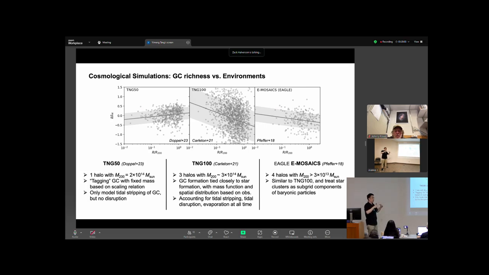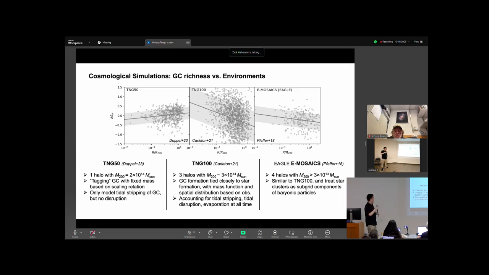You have to make sure every galaxy has its GC mass match the scaling relation, as I showed at the very beginning of my talk. And they only have the GC stripping mechanism. They didn't include any disruption, so you can only lose whole GCs instead of losing mass within a GC.